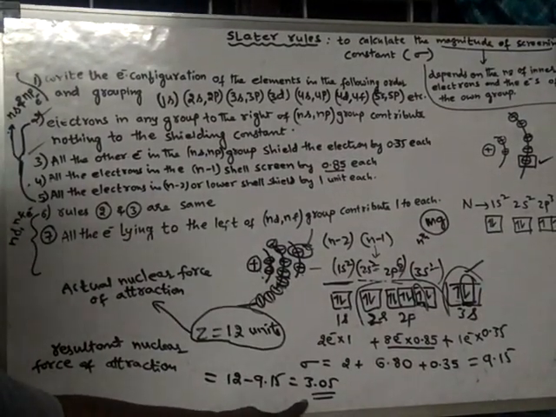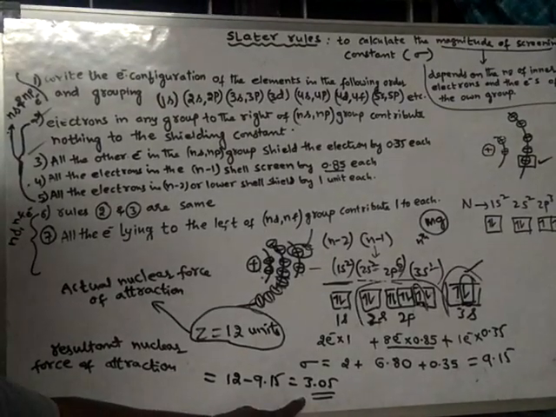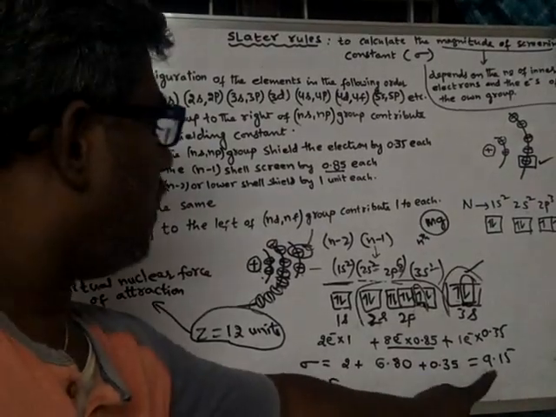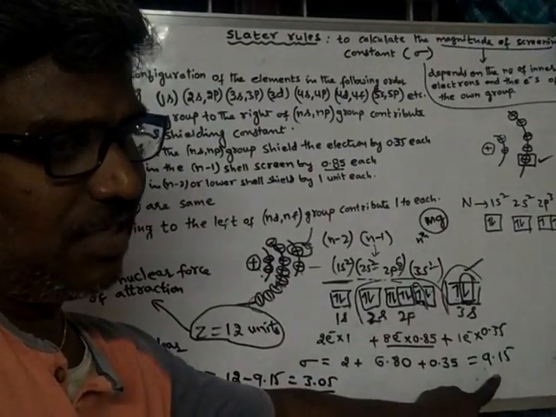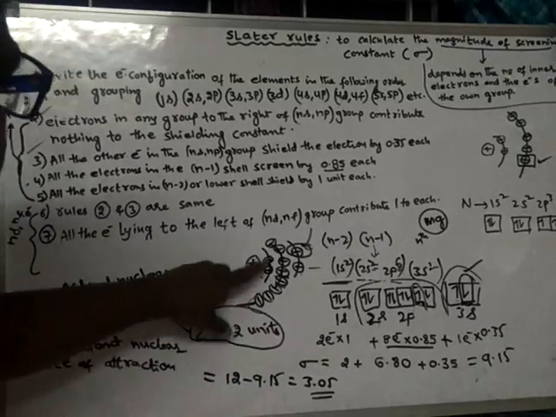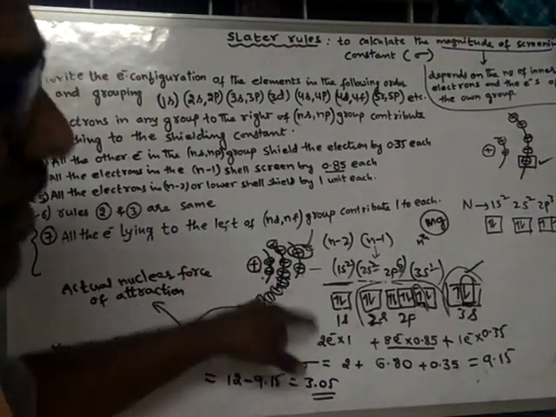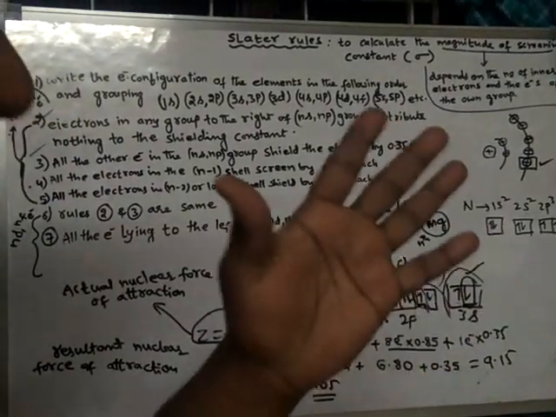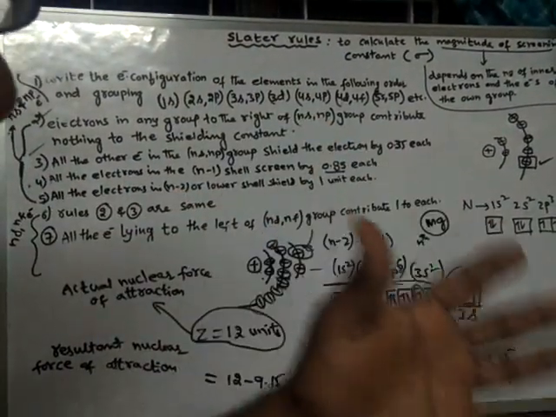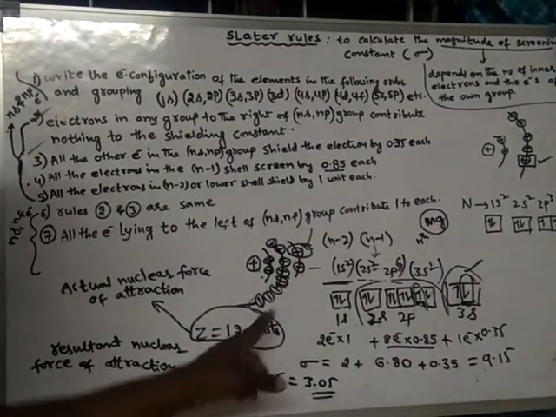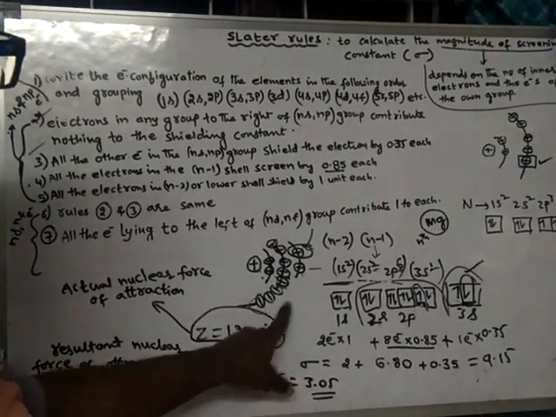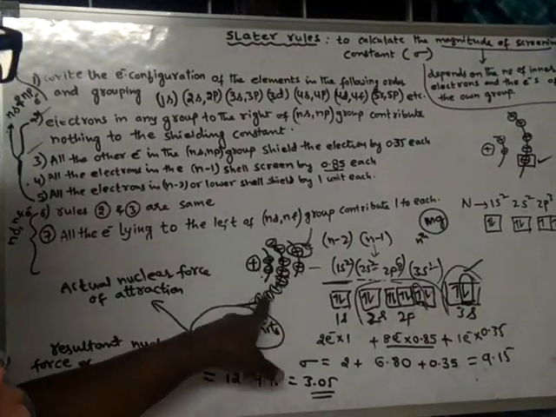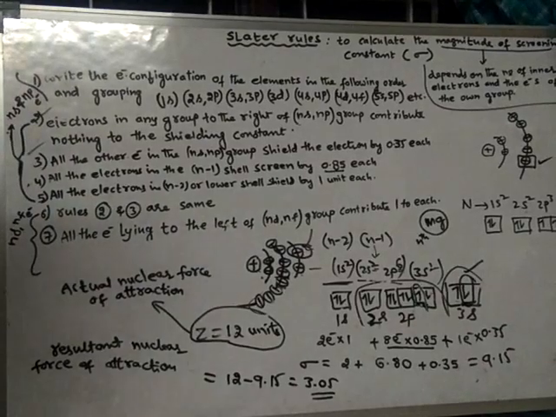Simply only 3.05. What happened to the other amount? It is cancelled by the electrons present in the inner shells. They are acting as shields, as screens, or as protectants. This electron is protected from the nucleus by these electrons. These electrons are said to be screening electrons.